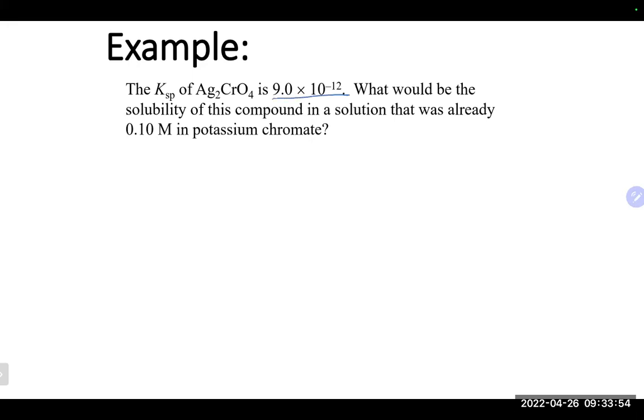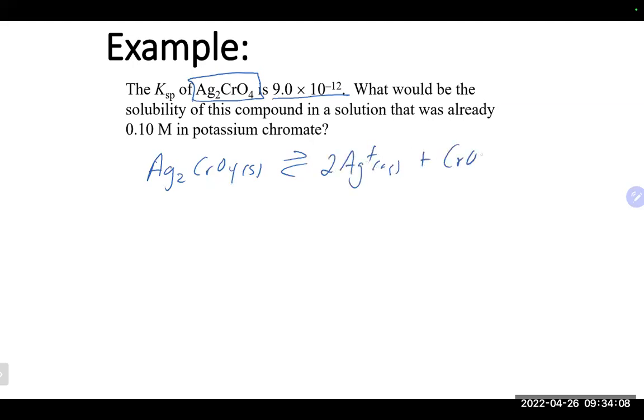Given the Ksp, we do know this is going to be our solid, silver chromate. It's going to break apart into 2 silver ions and a chromate. It's in a solution of potassium chromate, K2CrO4, which would break apart into 2 potassiums and a chromate.